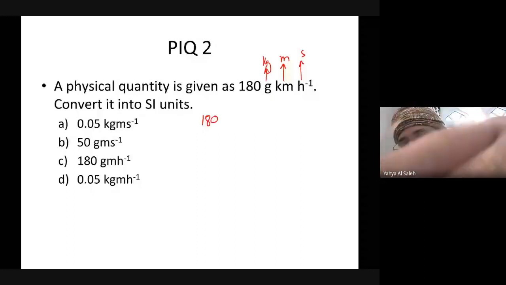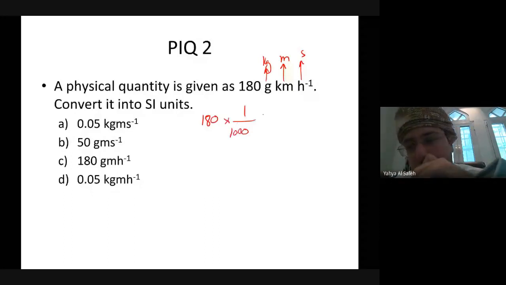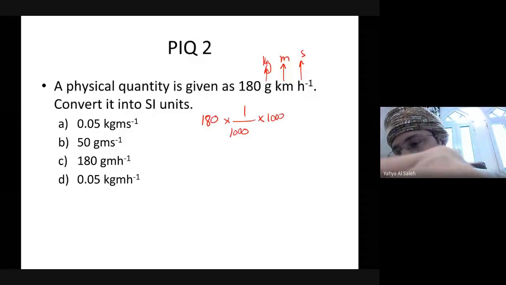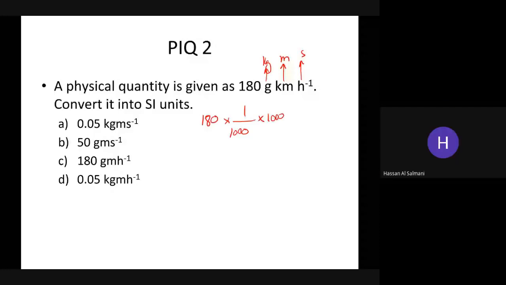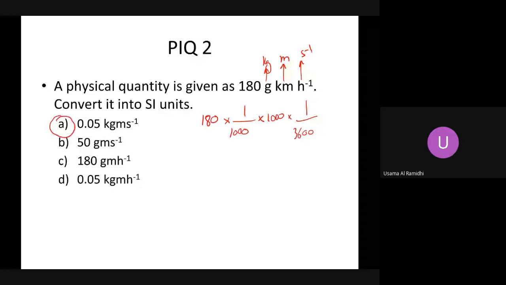So 180 grams to kilograms, we divide by 1,000. Kilometers to meters, we multiply by 1,000. Per hour to per second, we divide by 3,600. Okay, and the correct answer turns out to be 0.05 kilogram meters per second.